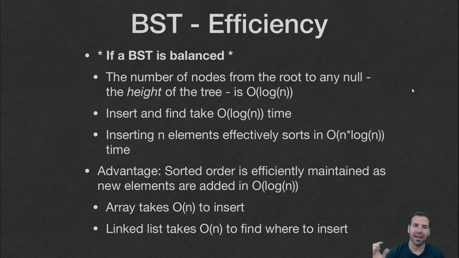So we have log n height. If it's exactly perfectly balanced, it'll be log n, which means insert and find take O of log n time. Each of those algorithms would visit a node in constant time. Each recursive call was constant time.